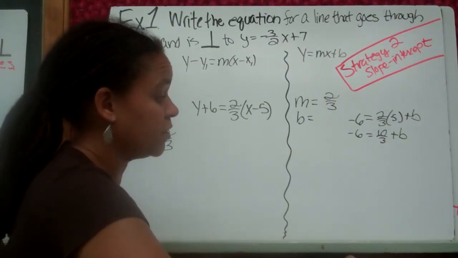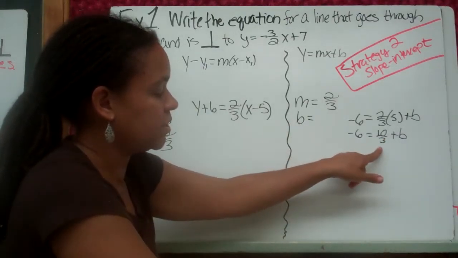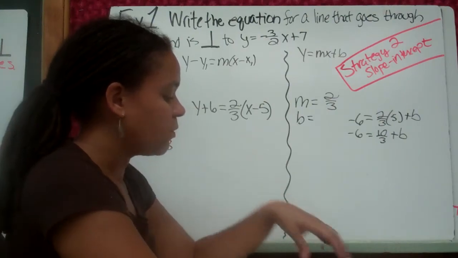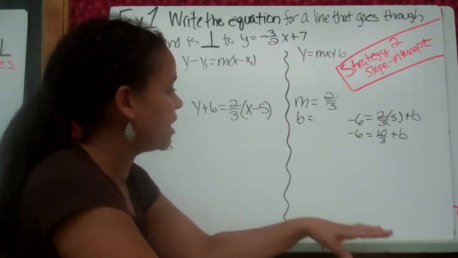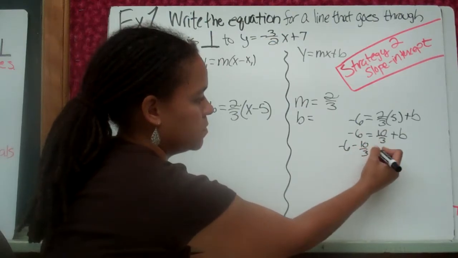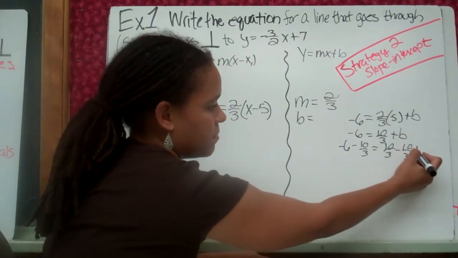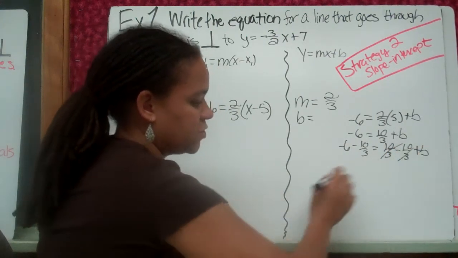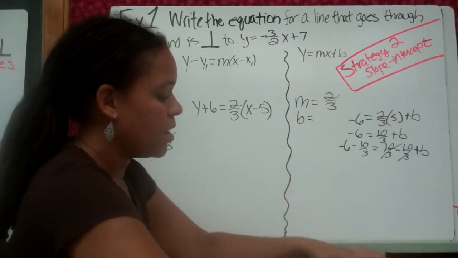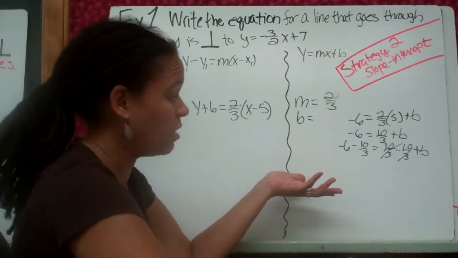So you can keep it at 10/3. You can turn it from a fraction to a decimal, whatever you like. But let's just solve for b. So we're going to need to subtract 10/3 from both sides. So we have -6 minus 10/3 is equal to 10/3 minus 10/3 plus b. These cancel each other out. If you end up with a decimal, you would have -9.33, or if you did a fraction, you'd have -28/3.